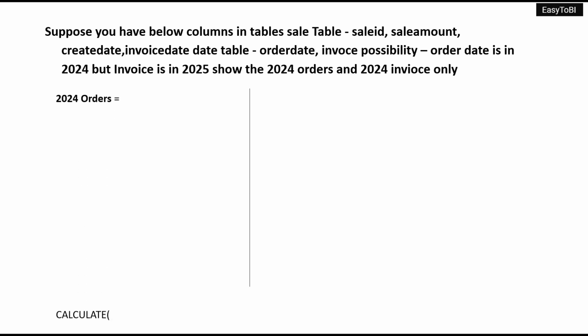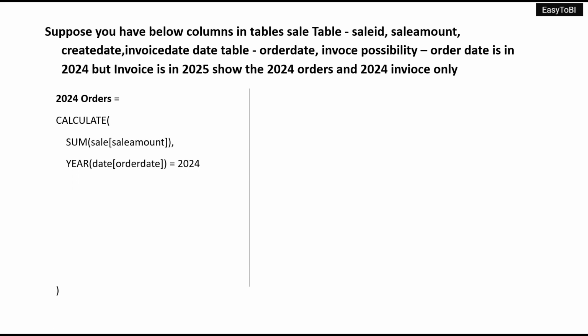For order we have an active relationship, so we represent it directly by saying: give me the sum of the sales amount where the order date has year equal to 2024. It's straightforward because we have an active relationship.